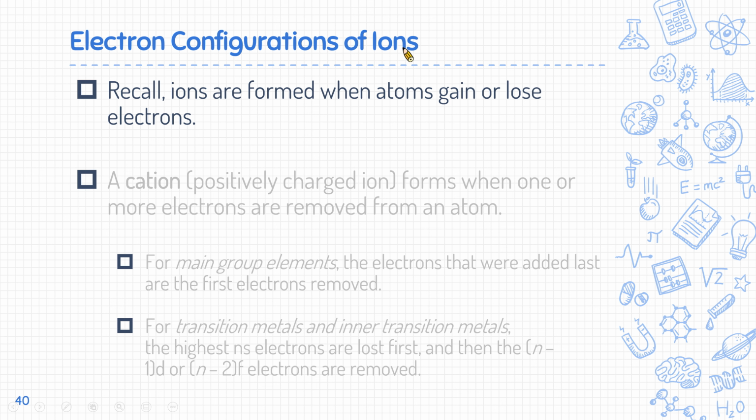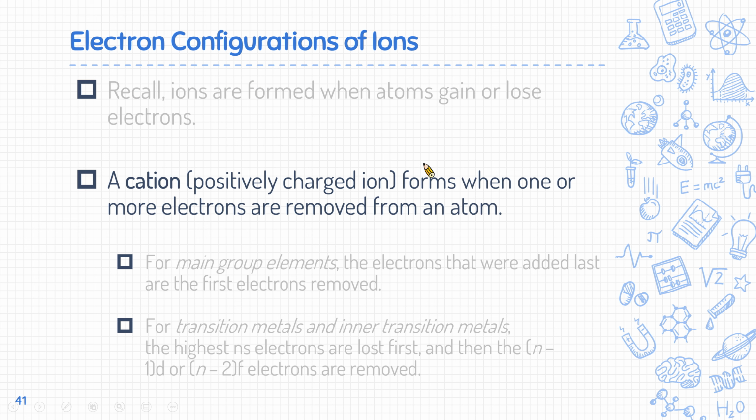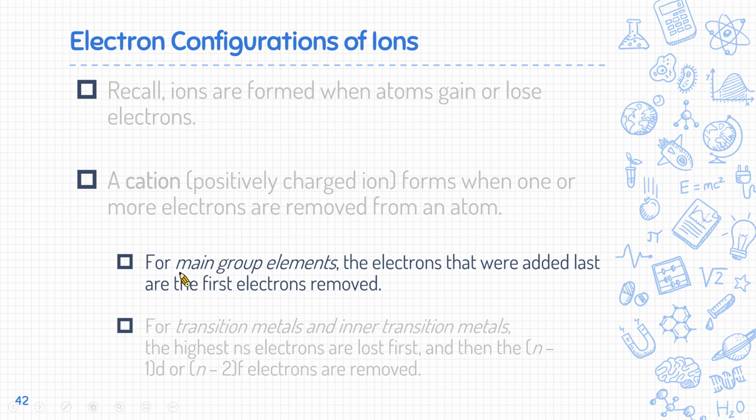Electron configuration of ions. Recall, ions are formed when atoms gain or lose electrons, and cations, positively charged ions, are formed when one or more electrons are removed from an atom. For main group elements, the electrons that were added last are the first electrons removed.